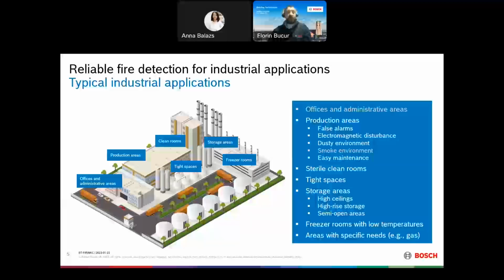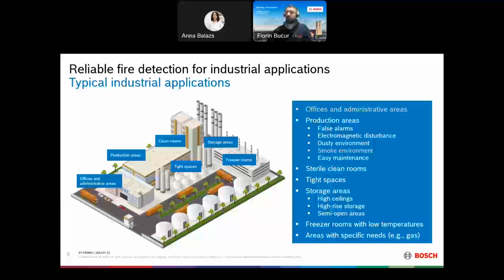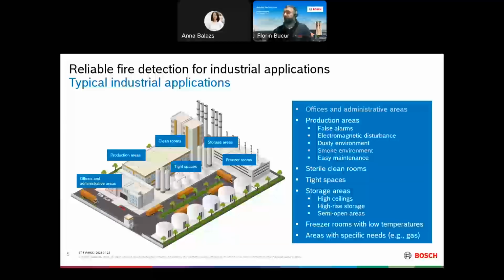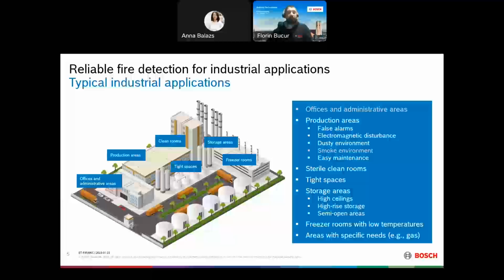We need easy maintenance, with minimum disturbance to the production processes. We don't want interruption for the maintenance of the systems. We can have, for example, sterile rooms where the needs are a bit special. We can also have technical spaces without much space to use point detectors.